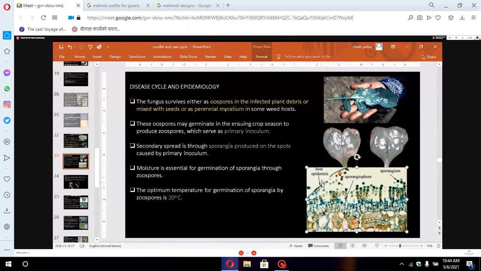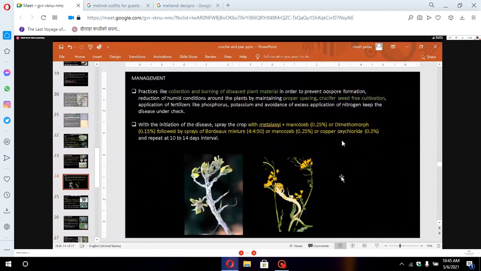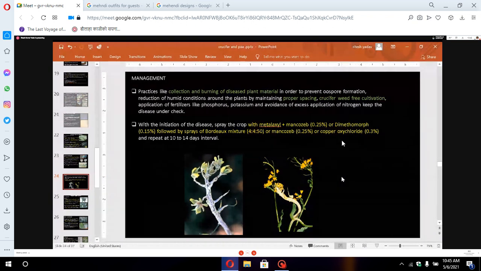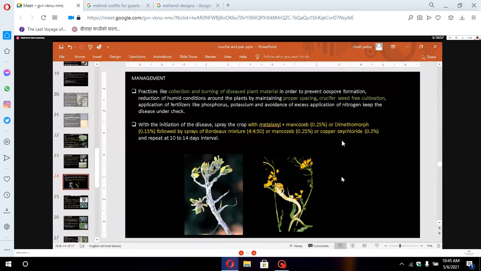It is favored by lower temperature; 20 to 25 degrees is favorable. Since it is an oomycete, anti-oomycete fungicides such as metalaxyl are effective. Formulations such as Ridomil or Kilaxyl are available, including a formulation of mancozeb and metalaxyl, or one can go with dimethomorph.